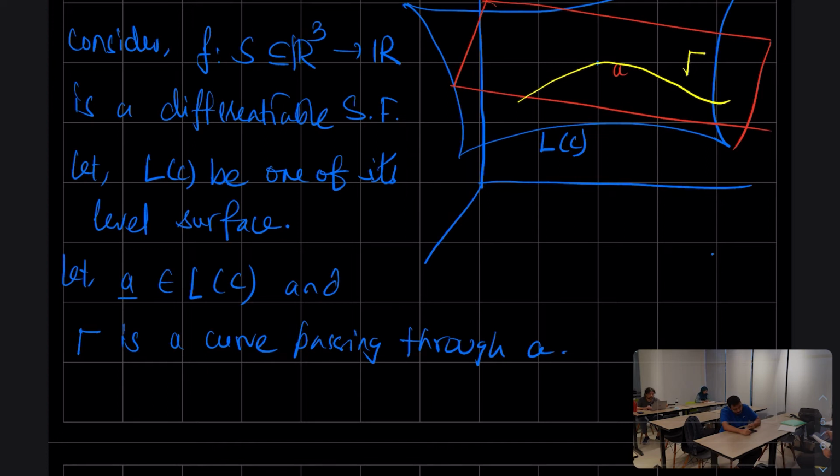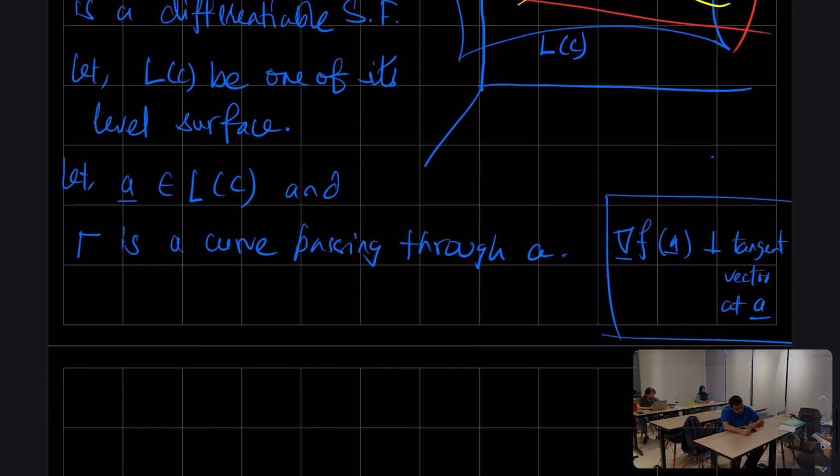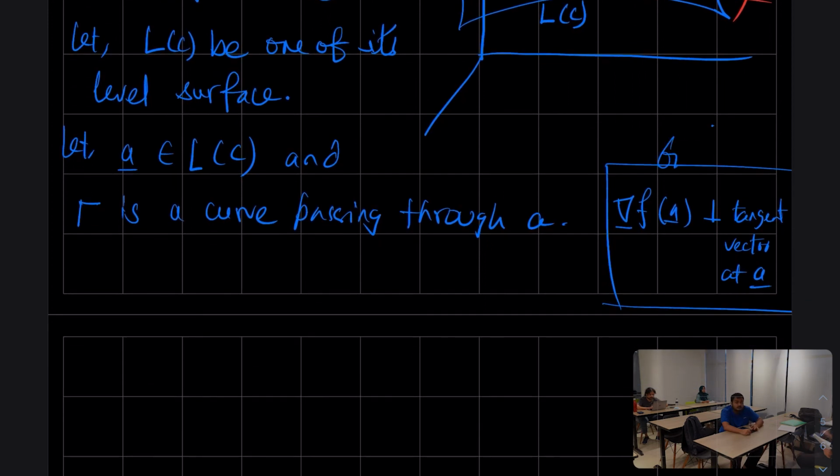So what are we going to do? We are going to prove that the nabla of f at the point A is orthogonal to some tangent vector at A. This is the goal.